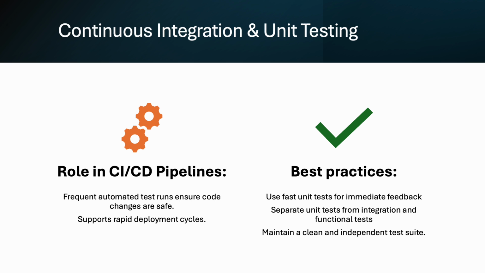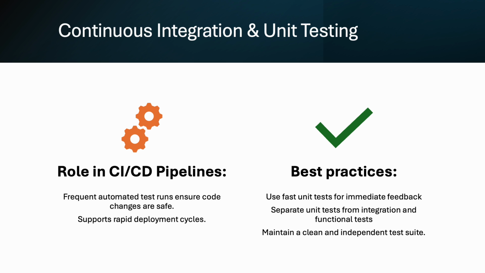Continuous integration and unit testing. So, continuous integration, otherwise known as CI, and continuous deployment/delivery, otherwise known as CD, are practices that aim to integrate and deliver code changes quickly and efficiently. So, what are the roles in CI and CD pipelines?